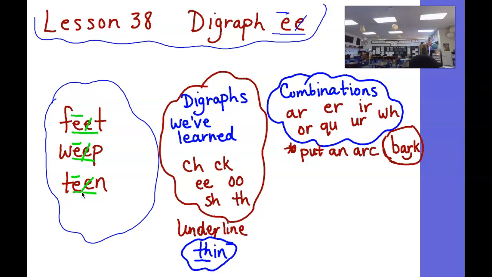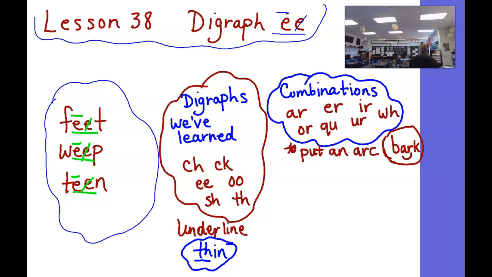Can you think of some other words that would go with this? Can you think of some double E's? Now, you're probably going to hear some things that might have an EA sound in it, but remember, we're trying to think of things that would have two E's.